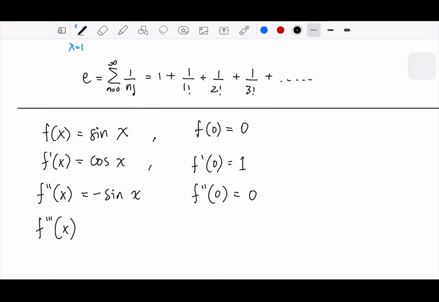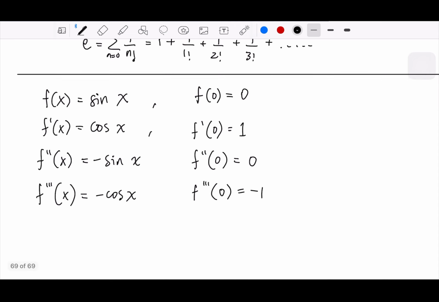The third time will be negative cos x, and this will be negative 1. And maybe the fourth time, it's back to the original one, back to sine. So if you see how we observe this, there's 0, 0, 0. So for sine and cosine, for the even numbers and odd numbers, sometimes we have 0, sometimes it's not.